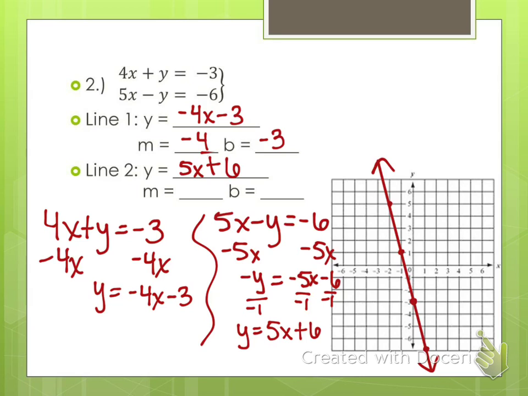I need to identify my m and my b. Danielle, what are m and b? M is 5, b is 6. Wonderful. When we go to graph that line, we start at our y-intercept, which is a positive 6.